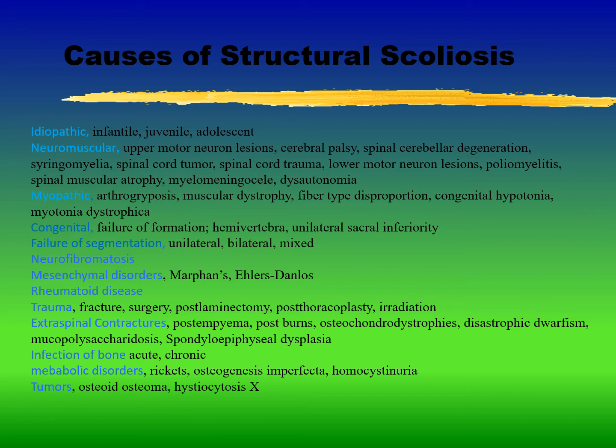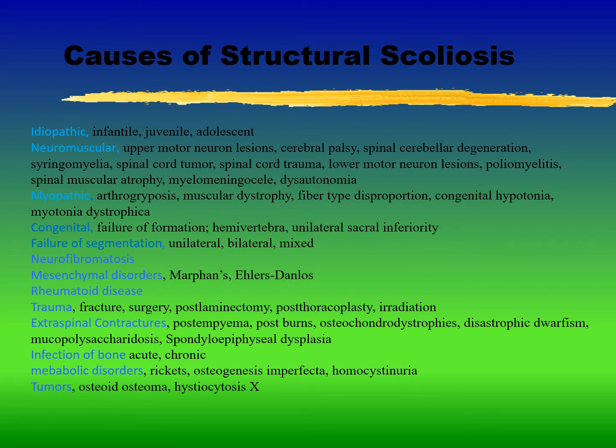We have neurofibromatosis, mesenchymal disorders, Marfan's, and I have had one Marfan's patient. They did not present with scoliosis, but they did have a dissecting descending aorta. I'll tell you that story a little bit later in the quarter when we talk about indications or contraindications for adjusting.